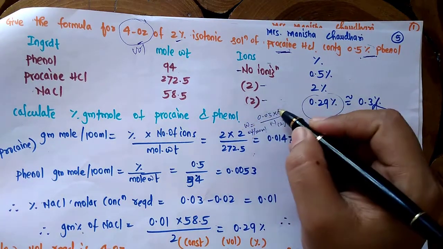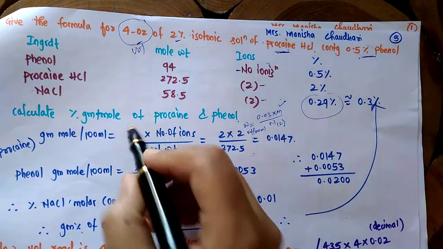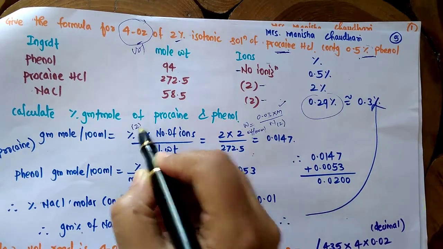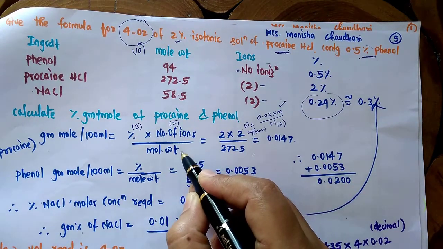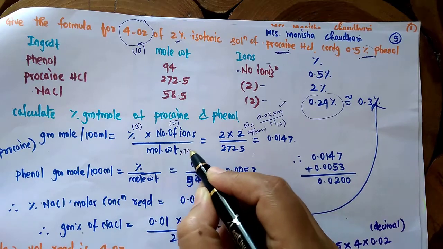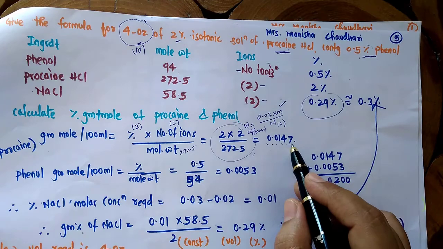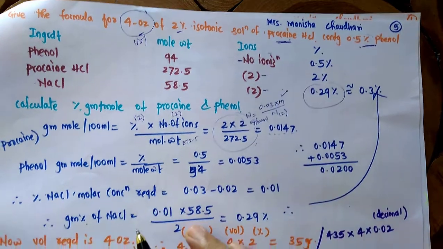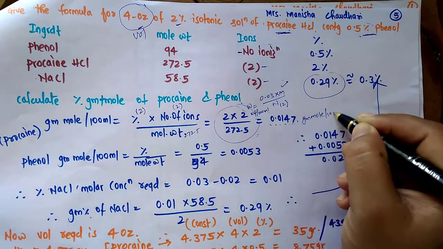Molecular weight is given. So the percentage of procaine is 2, number of ions is 2, molecular weight of procaine is 272.5. So this solution will give you the answer 0.0147, which is gram mole per 100 ml.